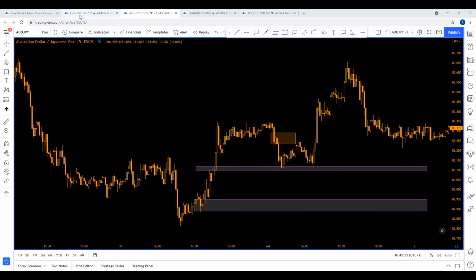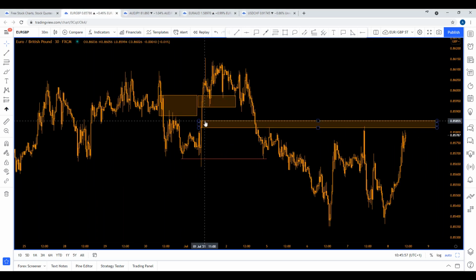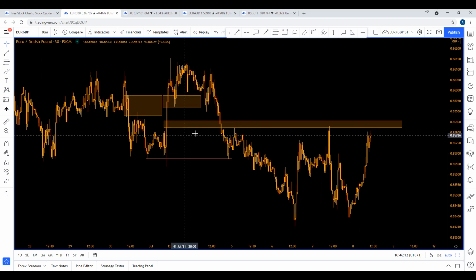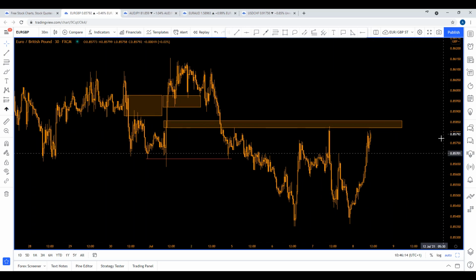Are you talking about the euro pound? This for me is a good example, a demand turn supply. This is not yet a support or resistance base. The only time this will be a support or resistance base for me is if we come above this area. Now we're looking at a support and resistance area potentially forming in the future, if that's what you were talking about.